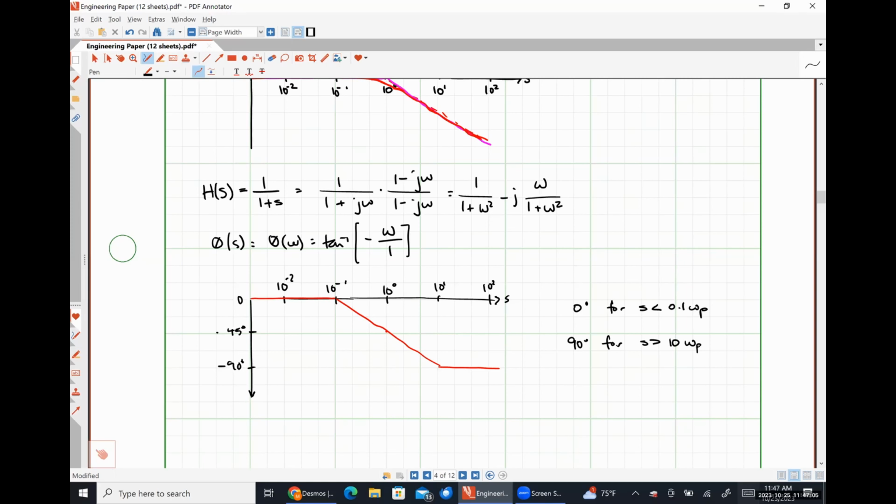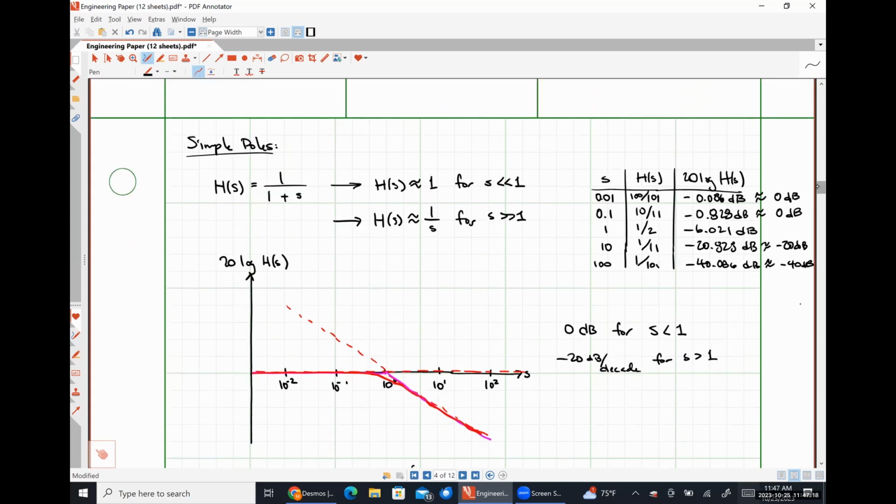So for every order of the repeated pole, we can actually say it's n times negative 90 degrees for however many times that pole is repeated. And the exact same thing would actually happen up here in the magnitude response. It would be n times negative 20 decibels for how many times the pole is repeated. All right, so now let's mess with this ever so slightly and see what happens if we don't use a pole frequency of 1.